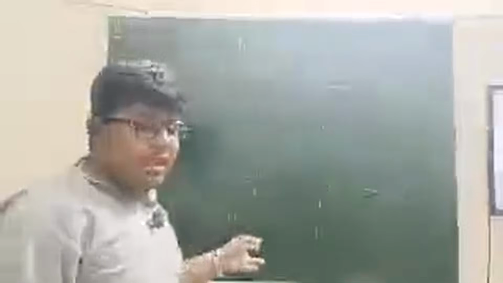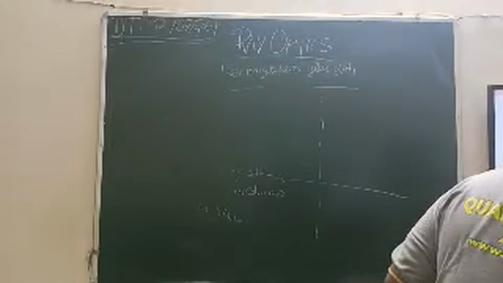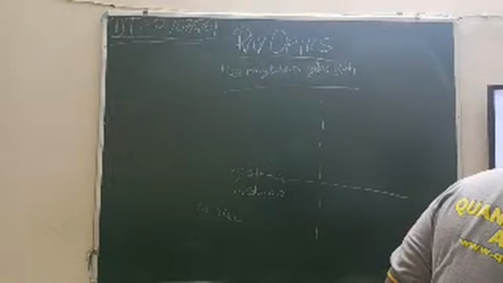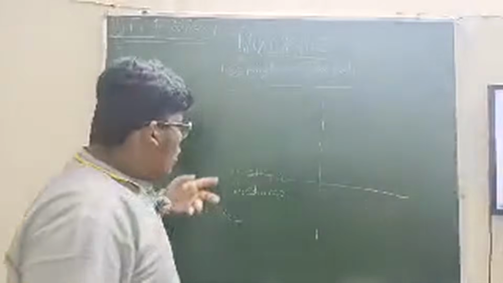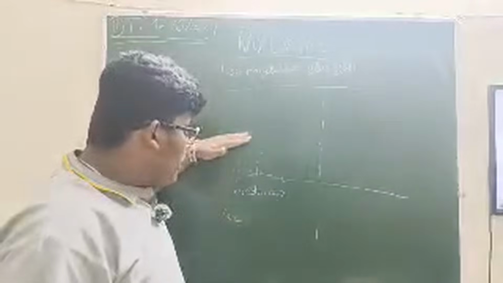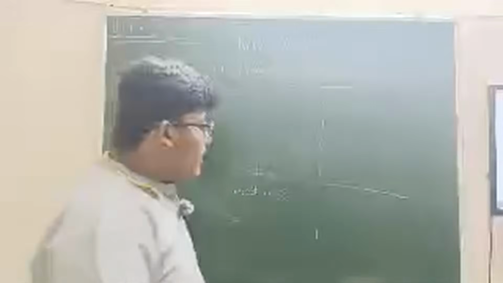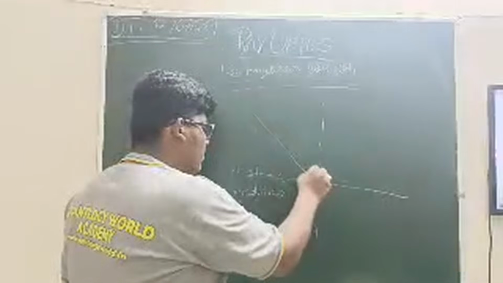And the medium whose refractive index is less is called the optically rarer medium. Optically denser and optically rarer. In this case, when a ray of light moves from a denser medium to a rarer medium, then it will bend away from the normal.